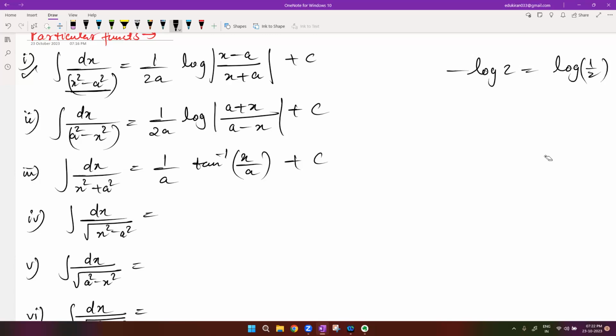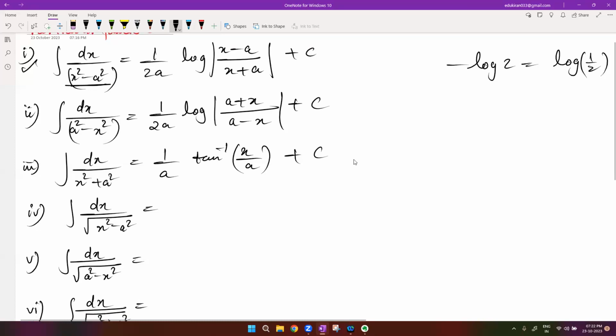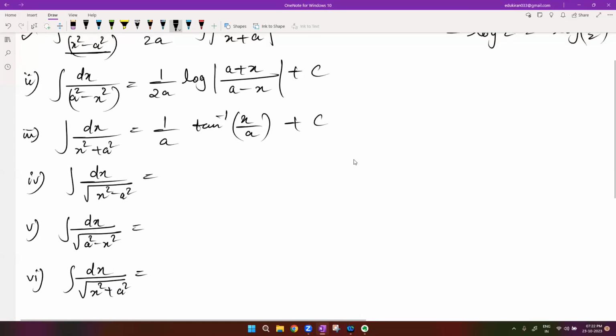Now some more. These fourth, fifth, and sixth are easy ones, don't worry. Do you remember the differentiation of sine inverse x? Anyone? What is the differentiation of sine inverse x? 1 over root 1 minus x square.